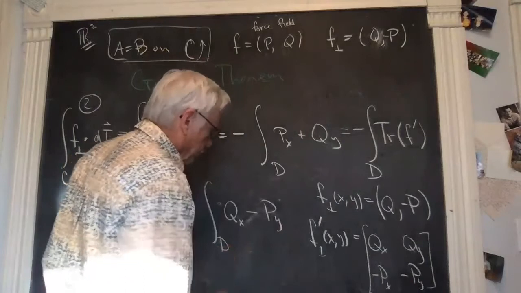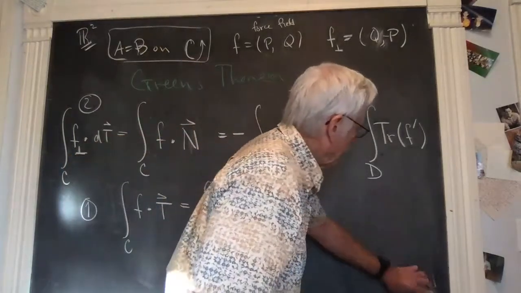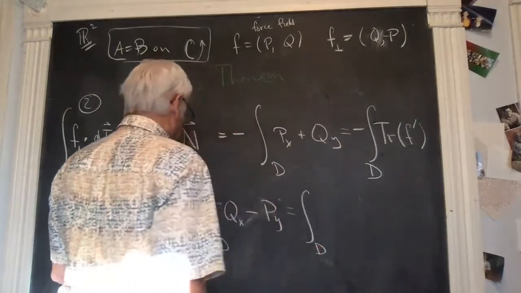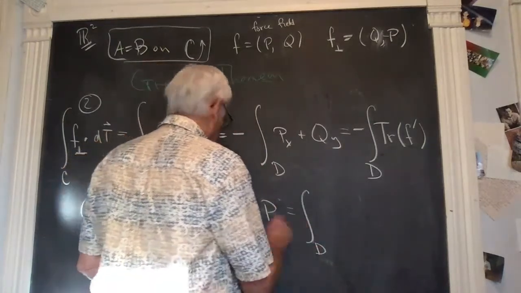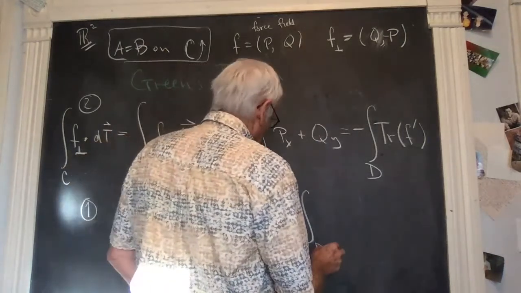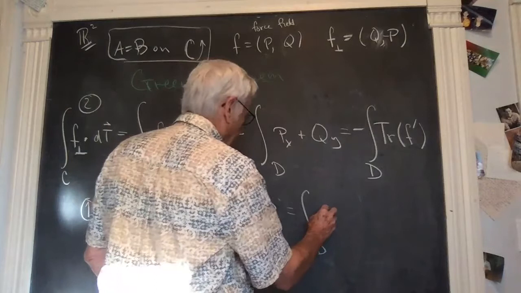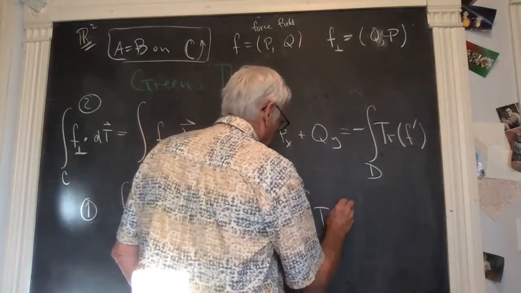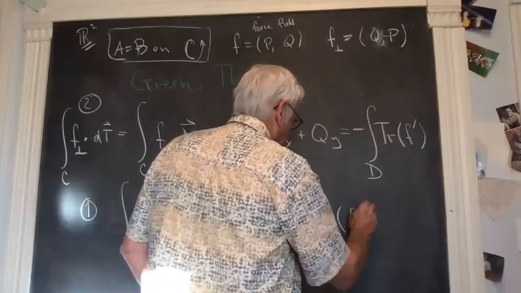So this integral right here ends up to be the integral over D of the trace of f perp prime.